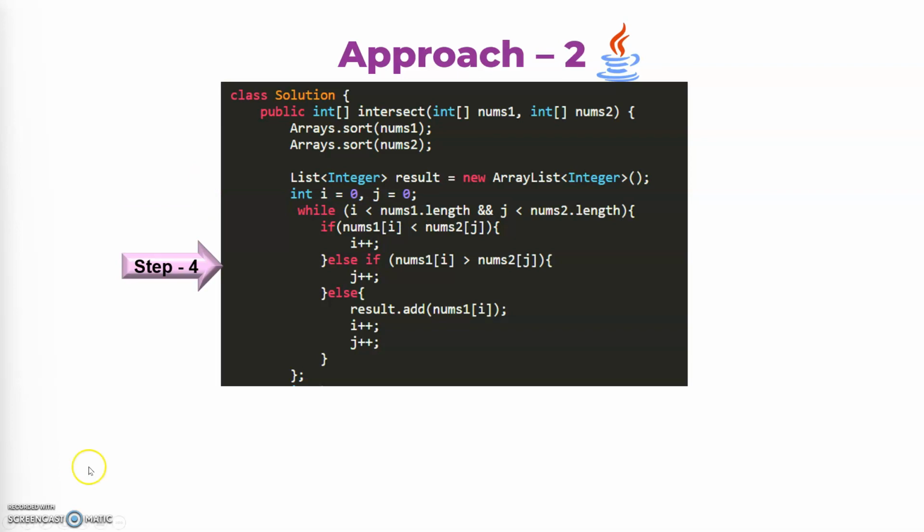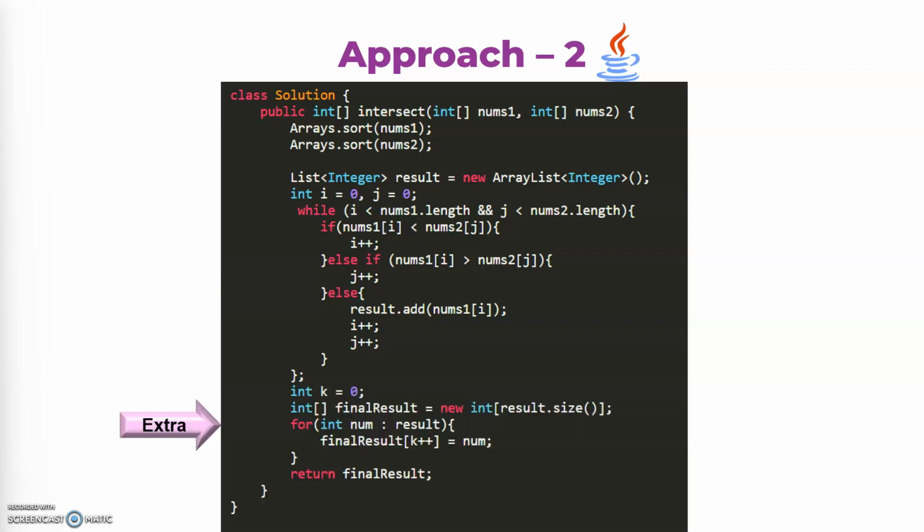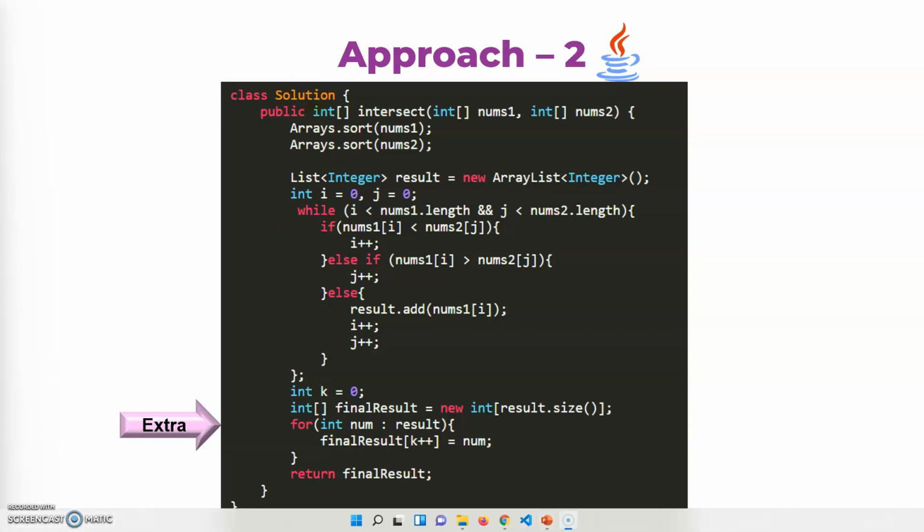Step 4, this code is exactly the same as the JavaScript, so I'm not going to go through that in detail. Step 5, not step 5, but it's an extra step in Java. In Java, the return type is int array. So we need to return that. But currently what we've got is the dynamically resizable array list.